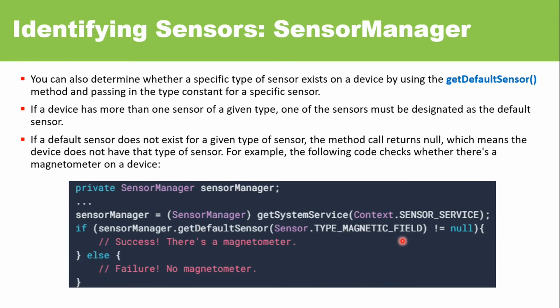If the result is not equal to null, meaning this method returns a default sensor, then it is a success and there is a magnetometer in your device. But if it goes to else, it means it failed and there is no magnetometer.